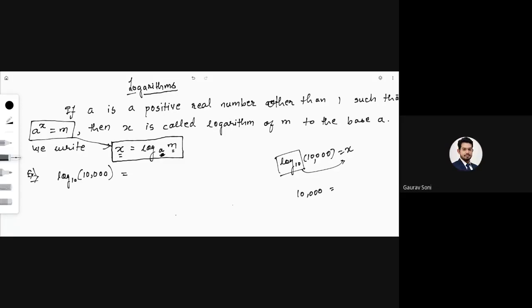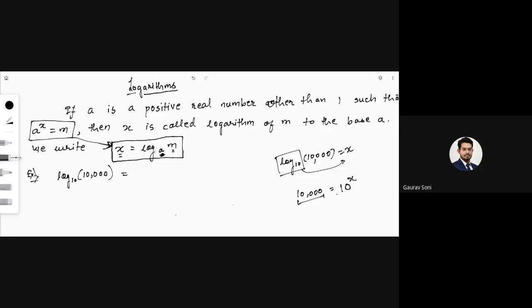So 4, but the answer is exactly 4, so how do you get it? Using log 10 is equal to 1 and then finding the value of log 10,000 is not the way I'm asking. I'm asking in this context. So this log to the base 10, when it goes on the other side, it will become 10 raised to x.